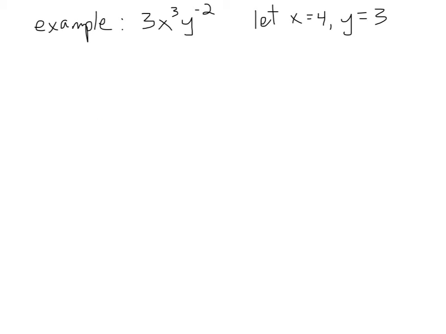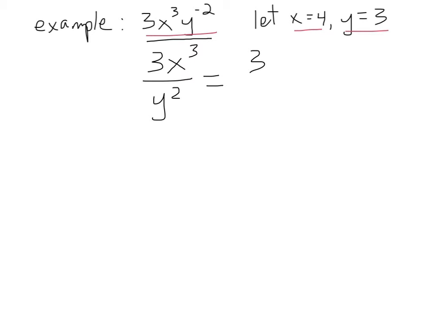So the next example, we have the expression 3x cubed y to the negative 2. We're going to find out what the value of it is when we plug in 4 for x and 3 for y. Before I do that, though, I want to simplify the original expression. So that would be equal to 3x cubed over y squared. I think it's going to be easier to work with if you first simplify the expression, get rid of the negative exponents.